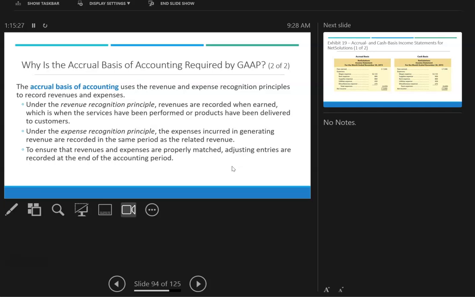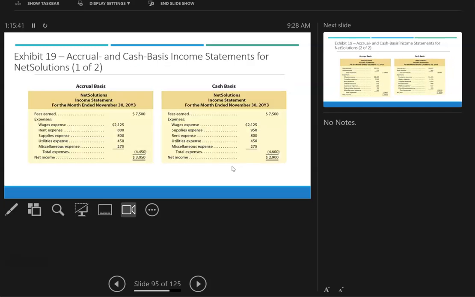Under the expense recognition principle, which we call the matching principle, the expenses incurred in generating revenues are recorded in the same period as the related revenues. Make sense? So if you have the accrual basis of accounting, we record revenues when they're earned, and we record expenses when they're incurred.